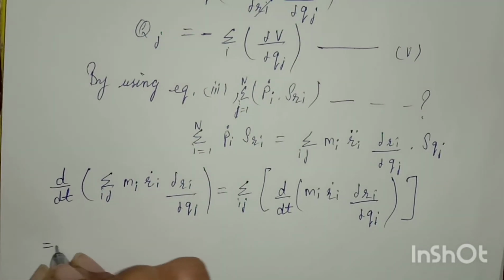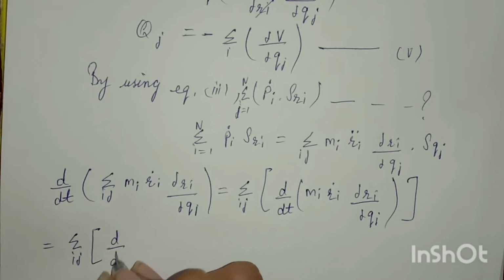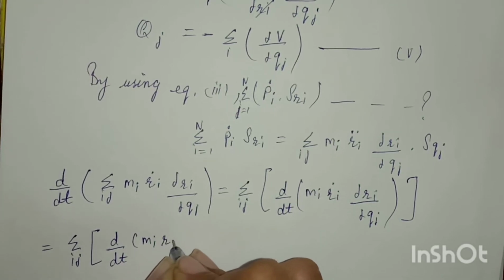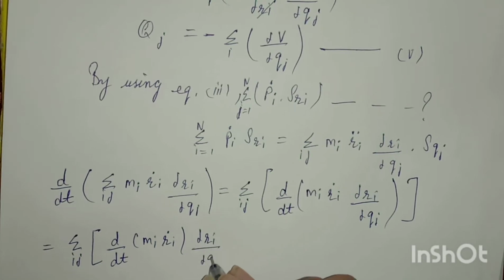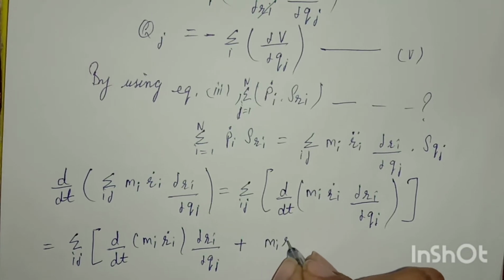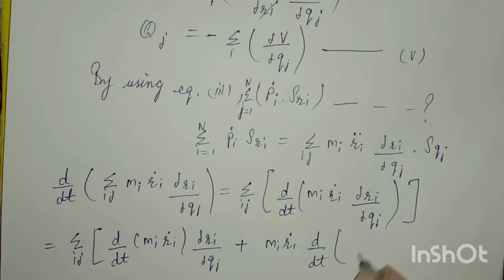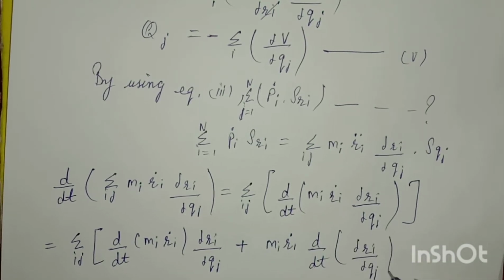So here we can write summation ij bracket d upon dt of mi Ri dot ∂Ri ∂Qj, then plus mi Ri dot d upon dt ∂Ri ∂Qj.